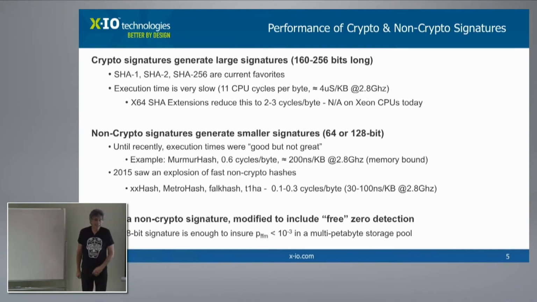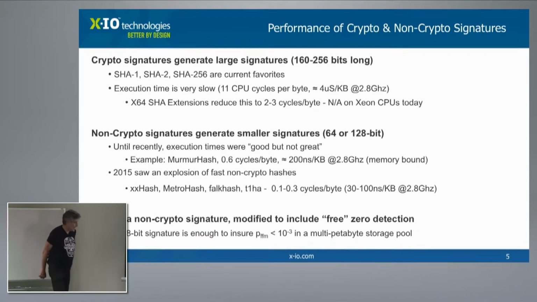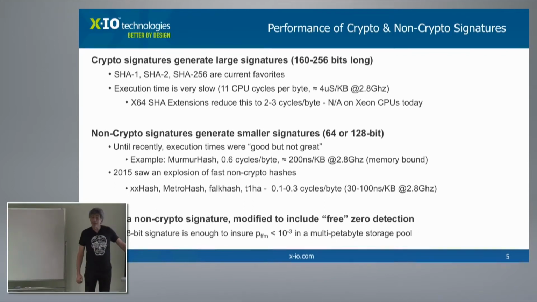There's a 64-bit and a 128-bit version of Metro Hash. We use it as a filtering proxy. We use the 64-bit version of Metro Hash, and we throw 16 of those bits away.